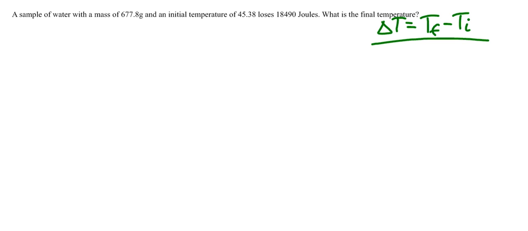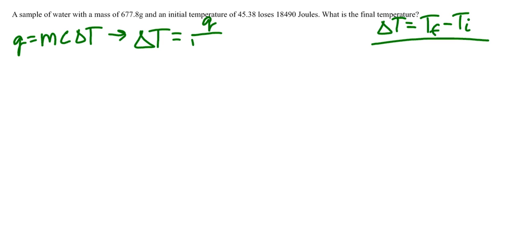Okay, so I know I have a change in temperature, so it's going to be Q equals mc delta T, which of course is going to be rearranged to delta T is equal to Q over mc. And like I said, I wrote over there that delta T is equal to TF minus TI.